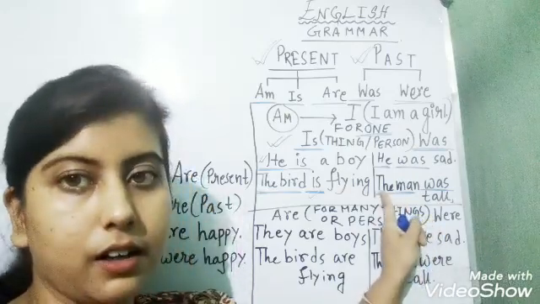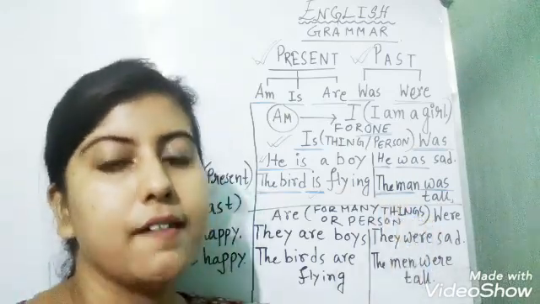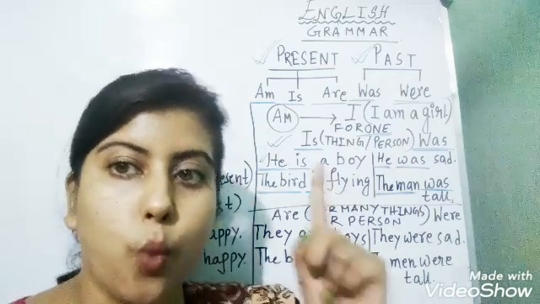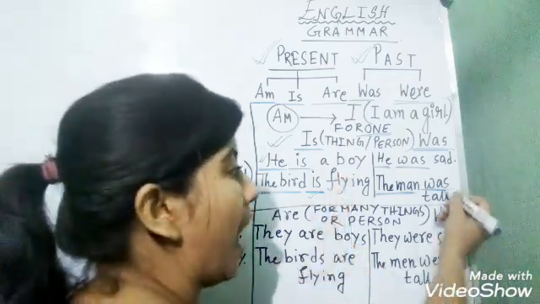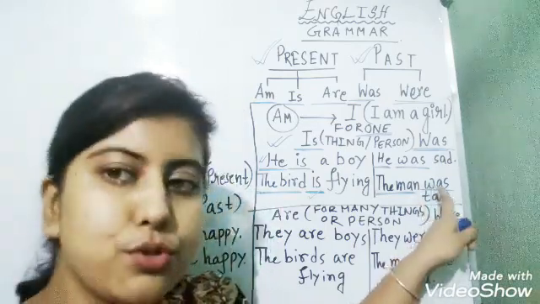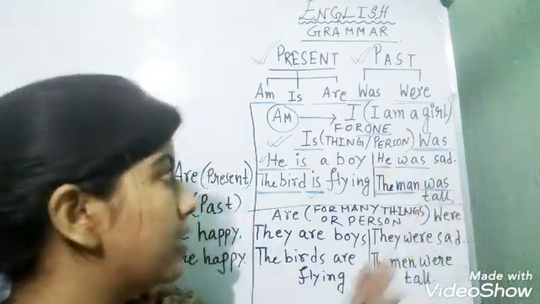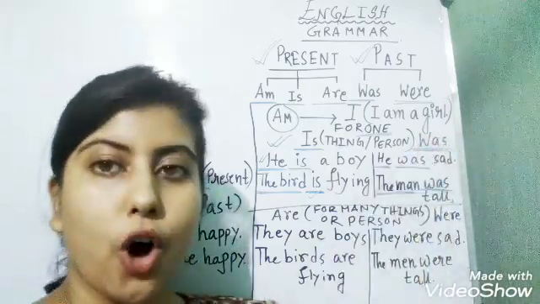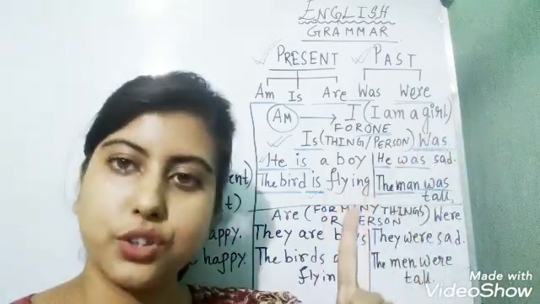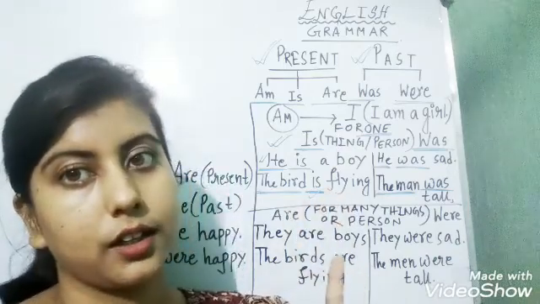With the man, I am denoting one man, so I have used was. So is and was are for one person or thing.